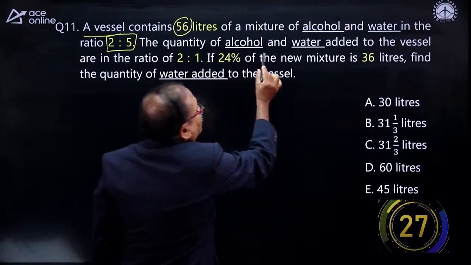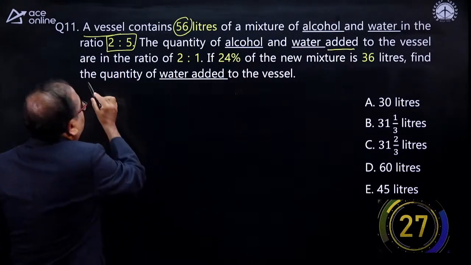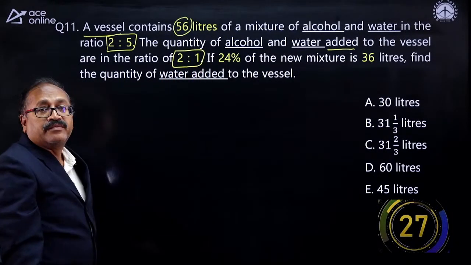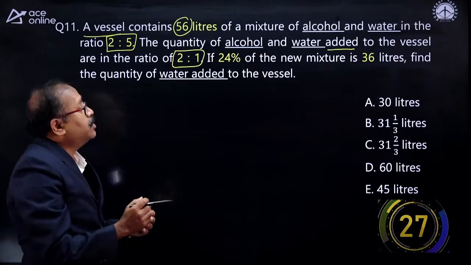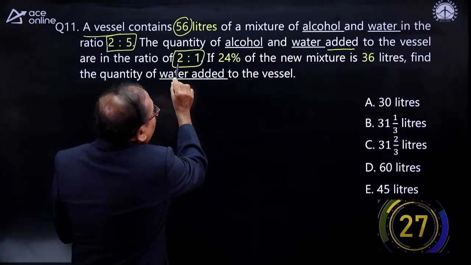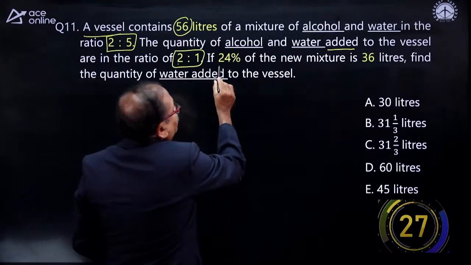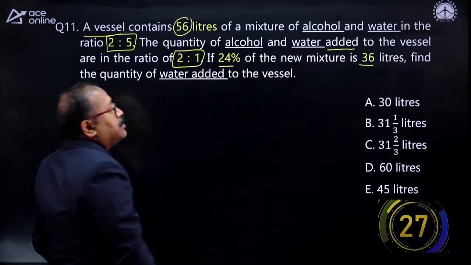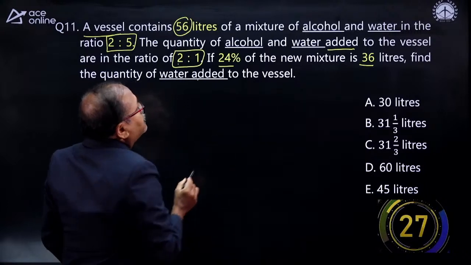The quantity of alcohol and water added to the vessel are in the ratio of 2:1. So you extra added the water and alcohol; the alcohol to water ratio is 2:1. This is the addition. Now what happens? If 24% of the new mixture is 36 liters, find the quantity of water added in the vessel.